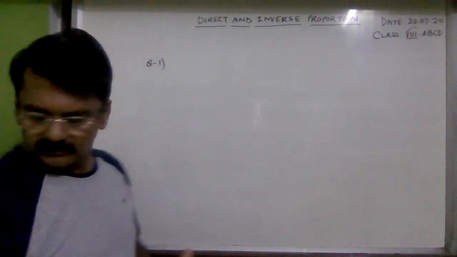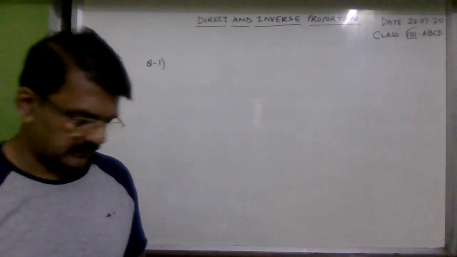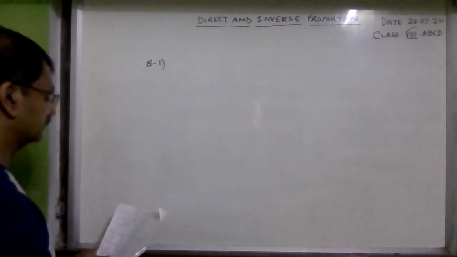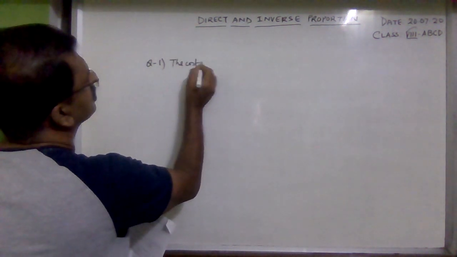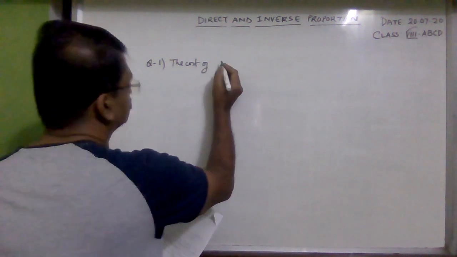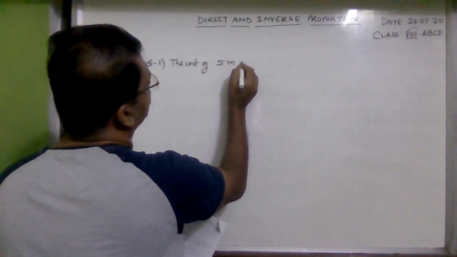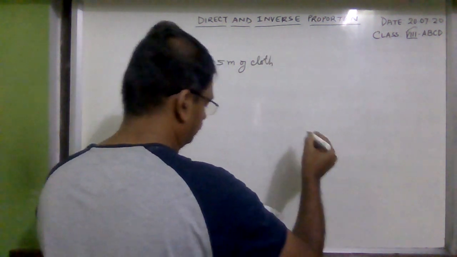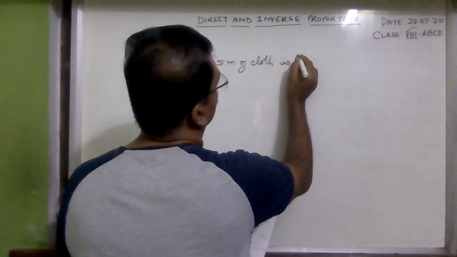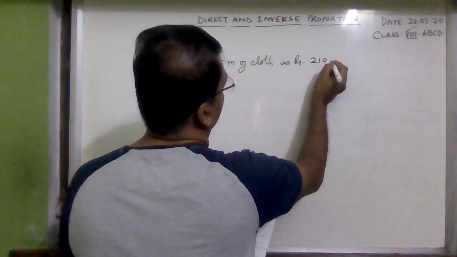The first question: the cost of 5 meter of cloth is rupees 210.